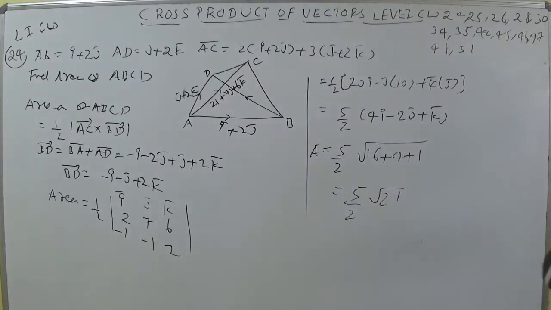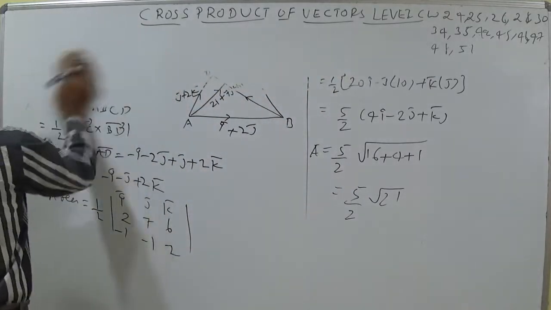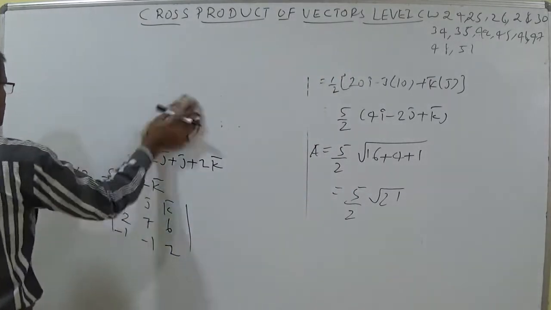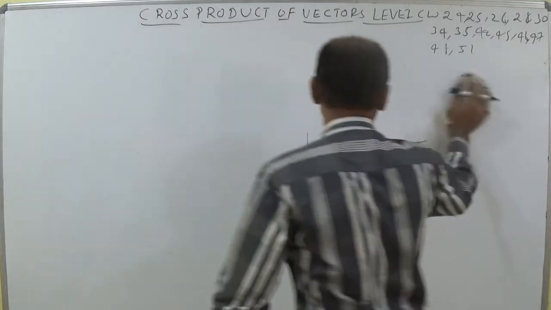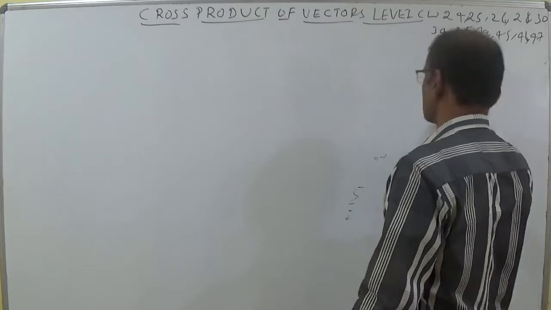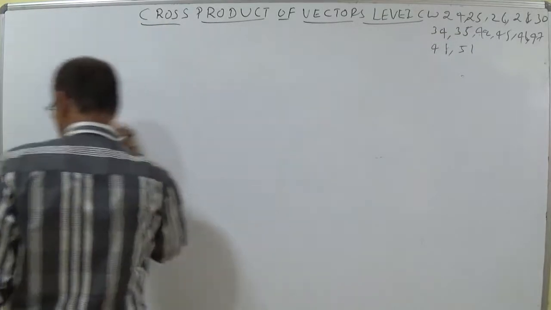Next, let us discuss question 25. In the MHT-CET exam, if a question on cross product is given, generally it may ask about areas. That is why I am saying question 25.